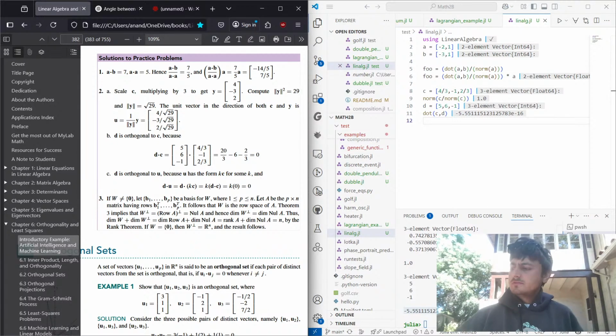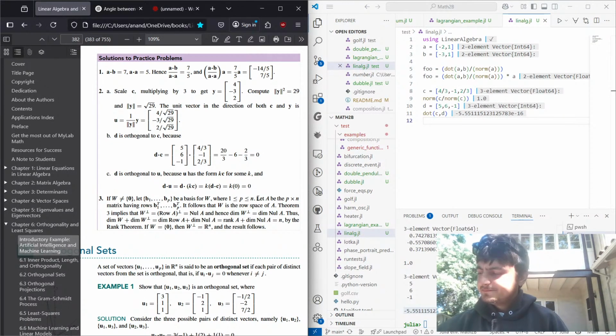Okay, so I'll write this one down. If we have W a subspace of Rn, then dim W plus dim W perp is equal to n.